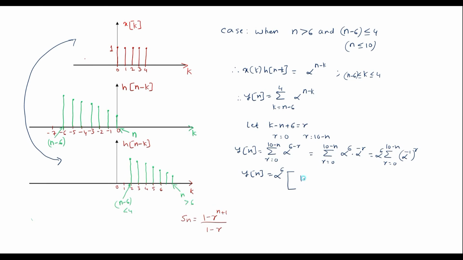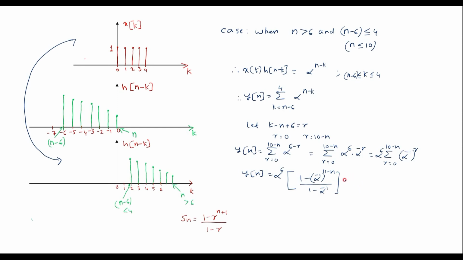So I can represent it as 1 minus r, where r is alpha inverse, raised to n plus 1. Here n is nothing but 10 minus n plus 1, that is nothing but 11 minus n, divided by 1 minus alpha inverse.